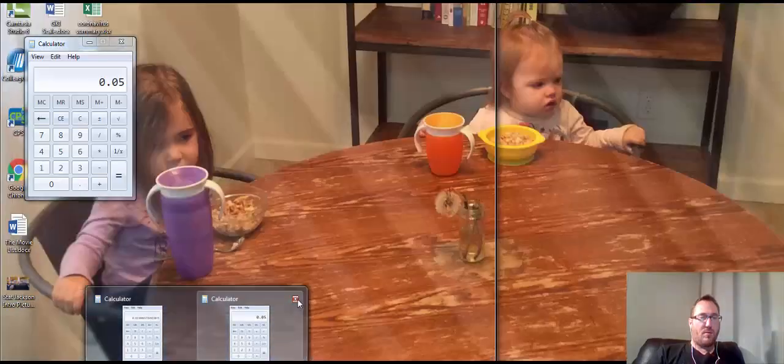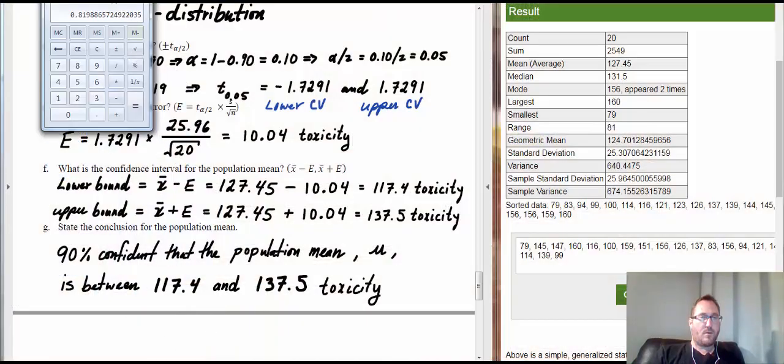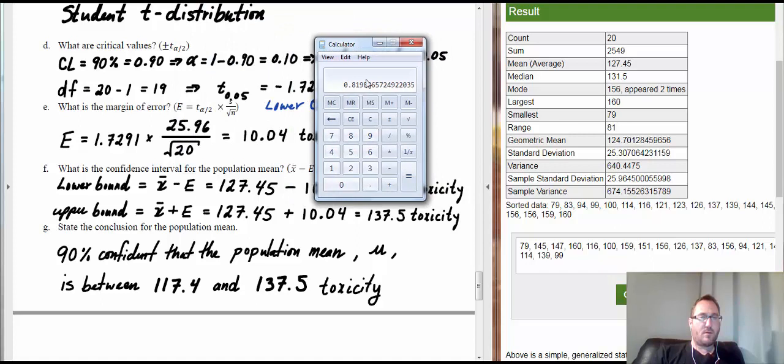Like I did in the other problem, on this calculator on my computer, I have to do this backwards. 25.96 divided by 20, but square root that, then equals, and then last multiply that times the critical value, 1.7291, and there you go.